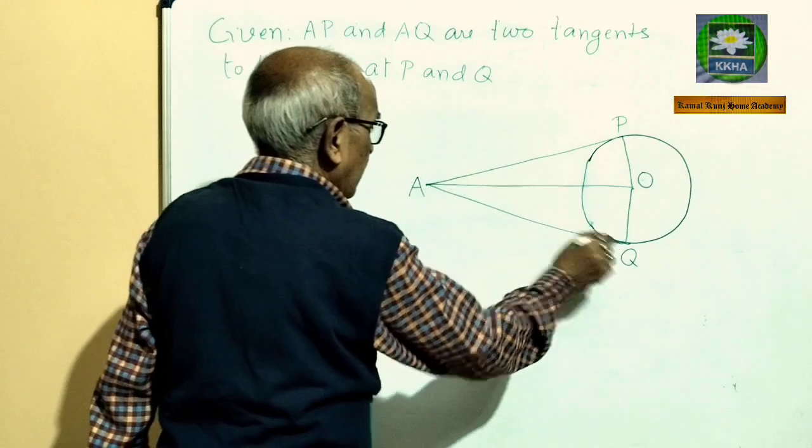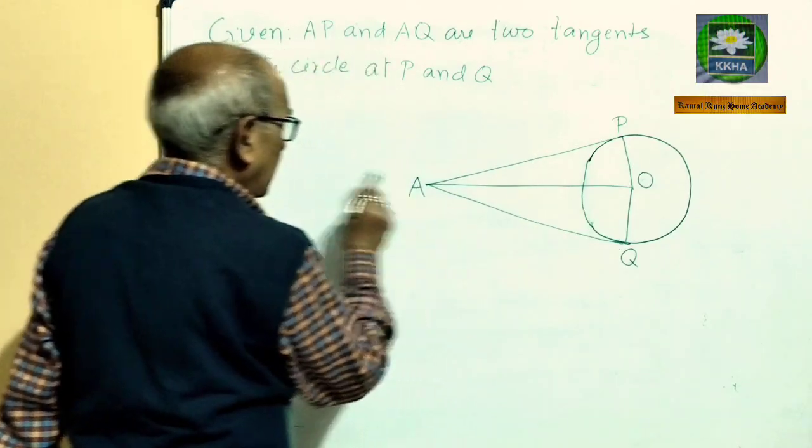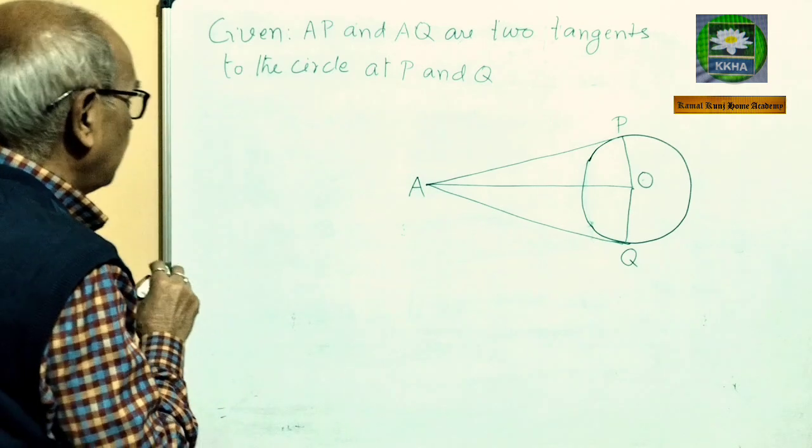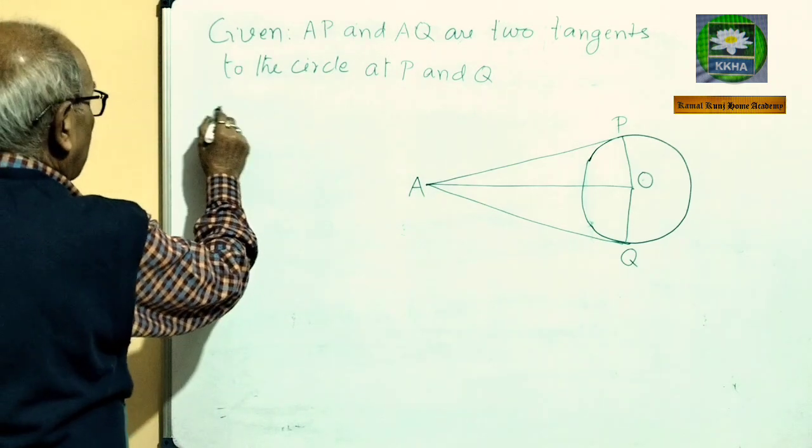AP and AQ are tangents to the circle from point A. A is an external point. So what is to be proved?